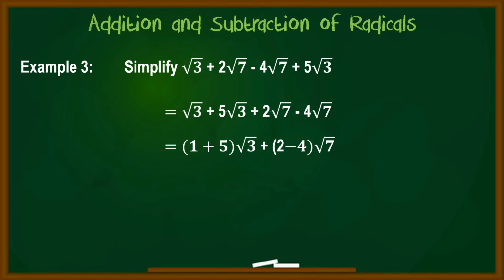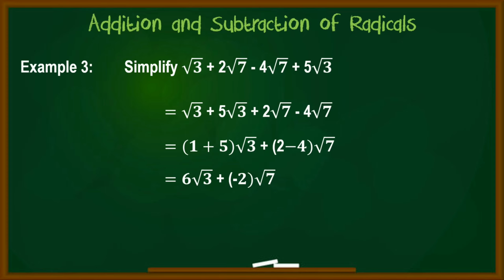Taking the coefficients of the first two terms, we have 1 plus 5 square root of 3 plus, taking the coefficients of the third and fourth term, we have 2 minus 4 and then square root of 7. So we have 1 plus 5, 6 square root of 3 plus 2 minus 4 is negative 2.